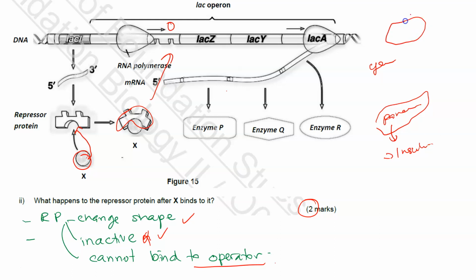Tapi sel lain dalam badan awak juga mengandungi gene untuk menghasilkan insulin. Okay, gene dekat pipi awak, gene dekat mata awak, gene dekat tangan, kaki, semua awak akan ada gene yang code for the synthesis of insulin. Tapi kenapa insulin tu tak dihasilkan oleh mata awak contohnya? Sebab dia perlukan certain condition, the cell perlukan certain condition for the gene to be activated.